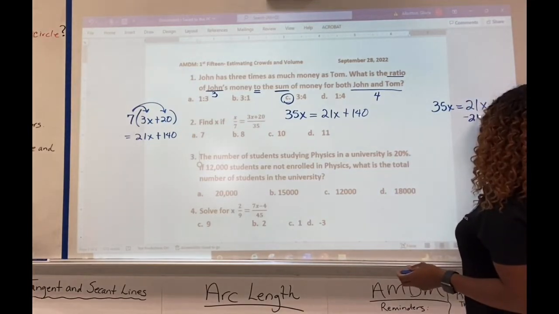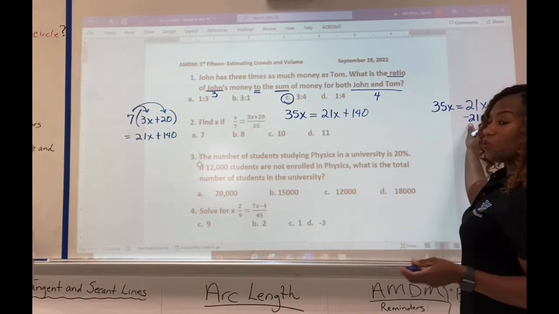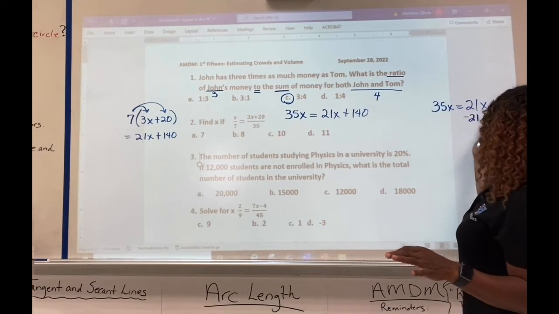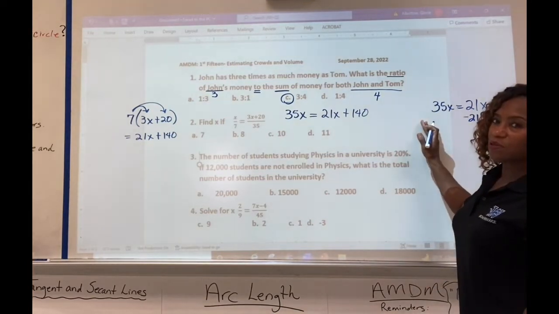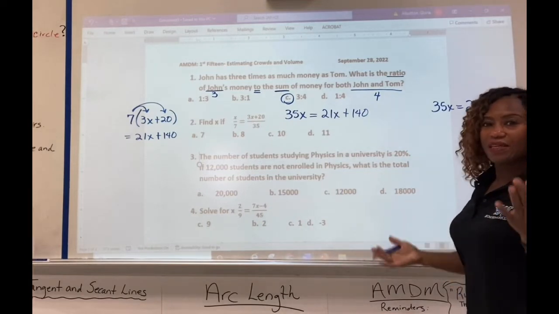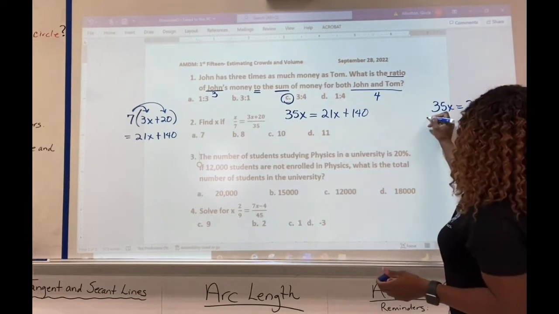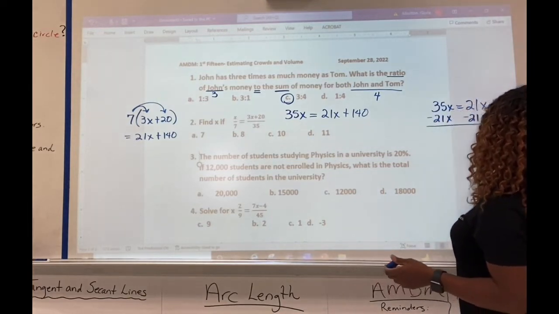So if I put a negative 21x underneath this one, whatever we do to one side of the equal sign for an equation, see how I did this? I just added this to the right-hand side. I've got to put it on the left-hand side also. That's how you solve any equation. You have to keep them balanced and actually do the same thing to both sides. So I've got to put a negative 21x on the left side also.